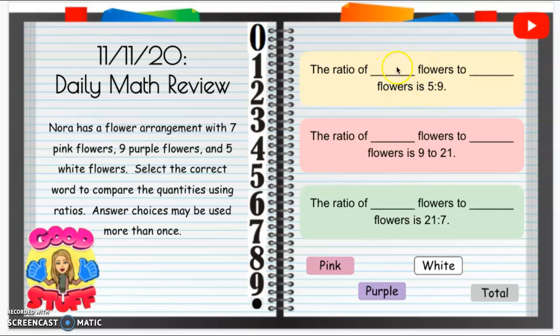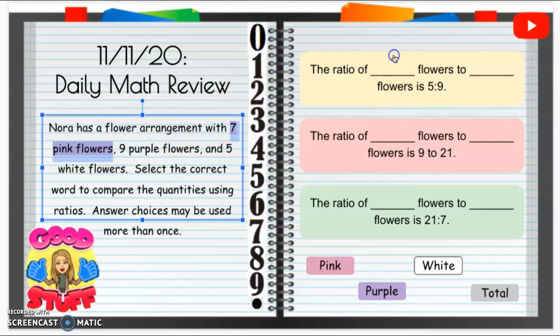So let's see, what has 5 flowers? What colors are the 5 flowers? So it says 7 pink flowers, 9 purple flowers, and 5 white flowers. Let's highlight this: 7 pink flowers, pink for pink. 9 purple flowers, let's highlight it purple for purple.